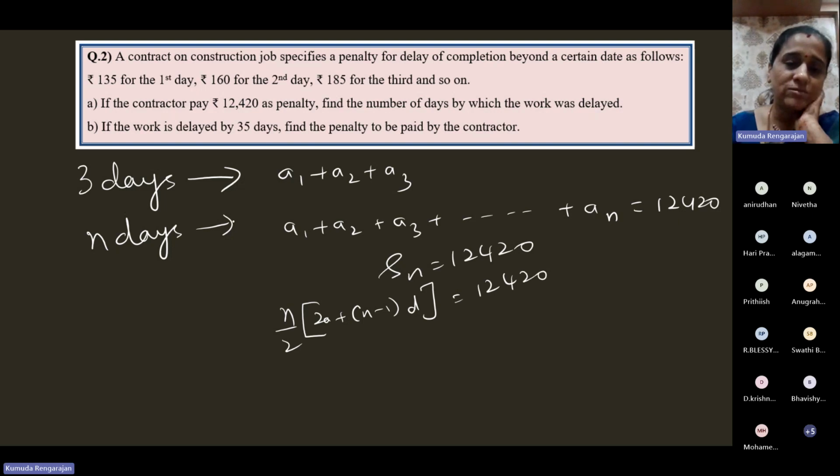So we know the first term, we know the common difference. Substitute the values, and you'll get a quadratic equation in n. Solve it by splitting the middle term or by using the quadratic formula. Find the two values for n. Finish till there and then we'll discuss ahead.